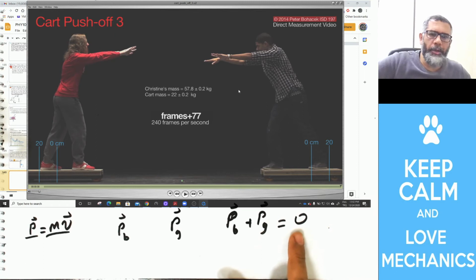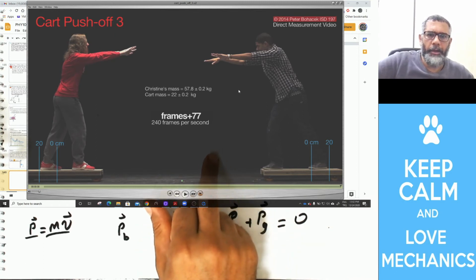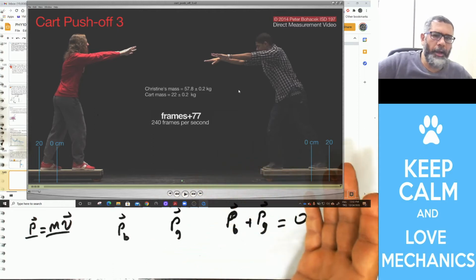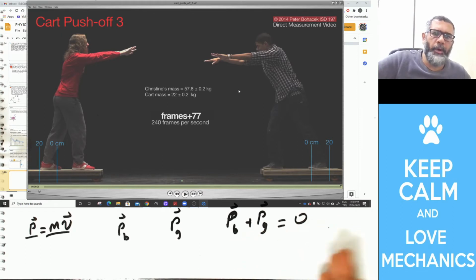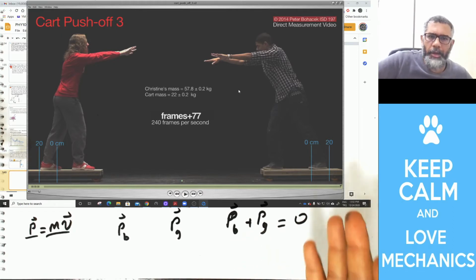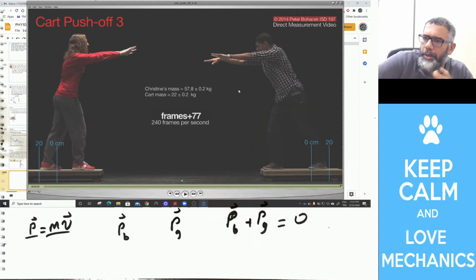It doesn't need to be zero all the time. It is zero for this particular system. But if at any time the momentum is not zero but some fixed quantity, this momentum is going to be the same for all other times, as long as you have an isolated system. So this is conservation of momentum, okay?